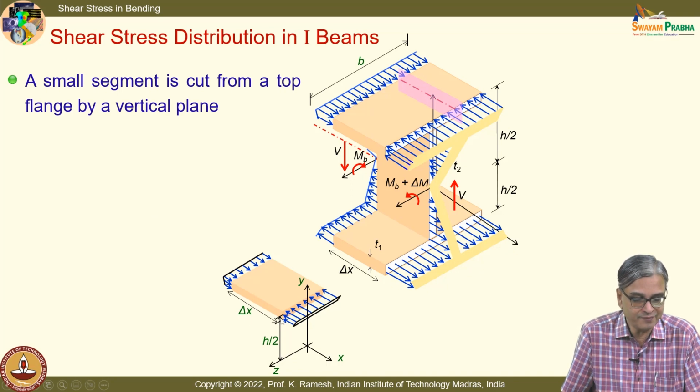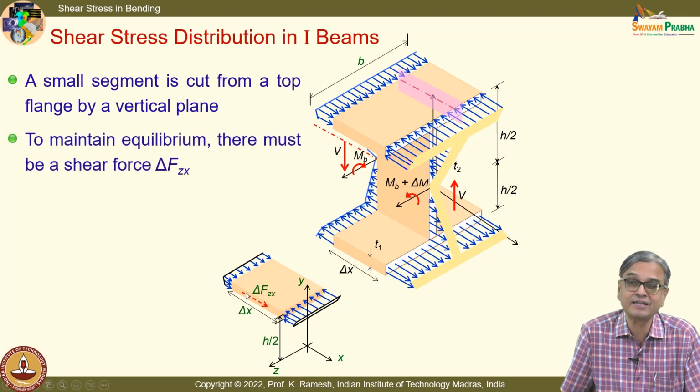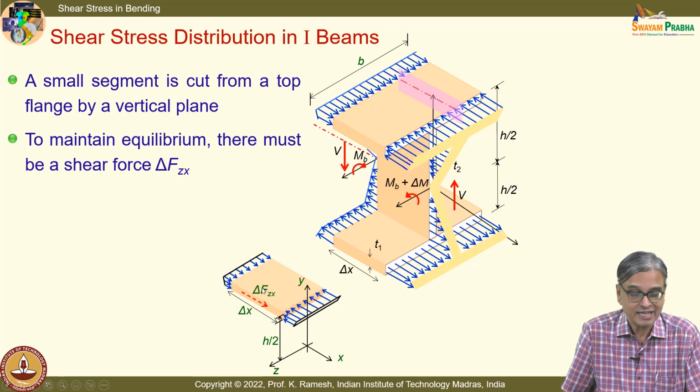And we have a sign convention. So is this a positive or negative surface? It's a positive surface. So on a positive surface, I will put positive direction as positive. So you should recognize in the case of an I-beam, when I make a vertical cut, I get this delta FZX.